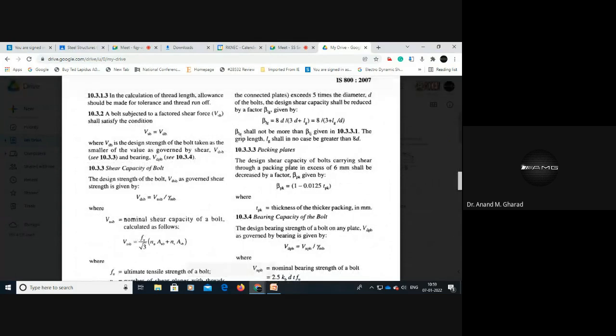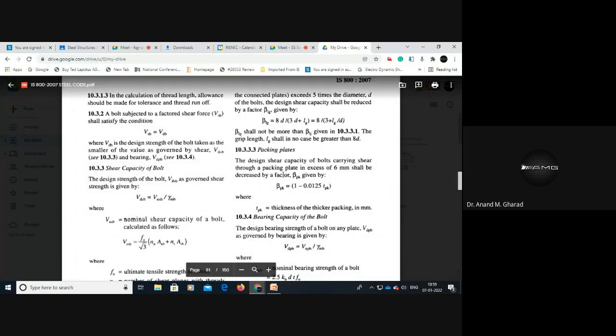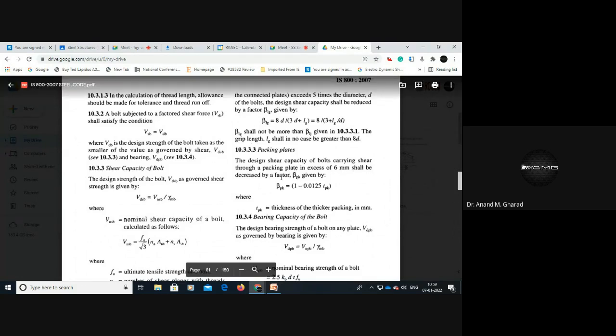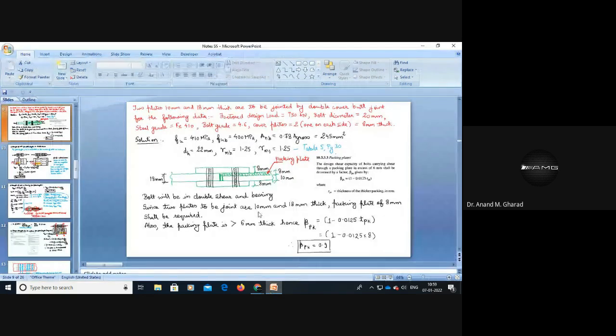See, the design shear capacity of bolts carrying shear through a packing plate in excess of 6 shall be decreased by this amount. So if it were 6, we would not have considered this formula. If it is in excess, then we need to consider this. So you can calculate this beta pk value: 1 minus 0.0125 into tpk, the thickness of the packing plate. Simply find out this value and calculate beta pk.